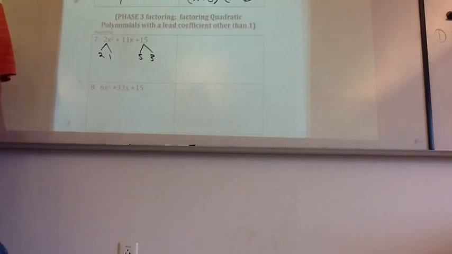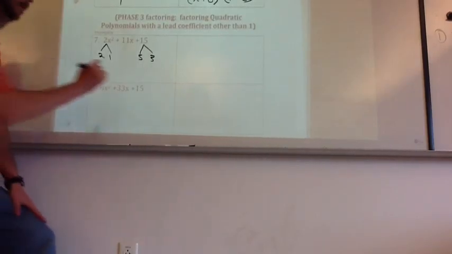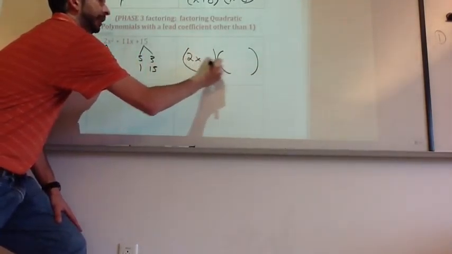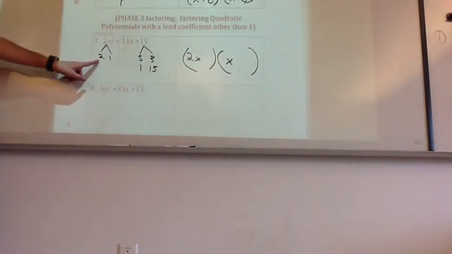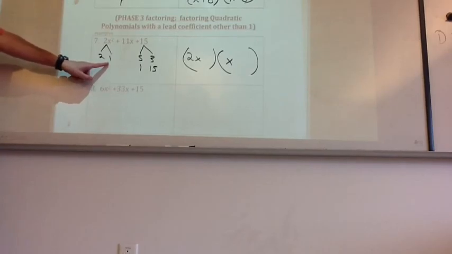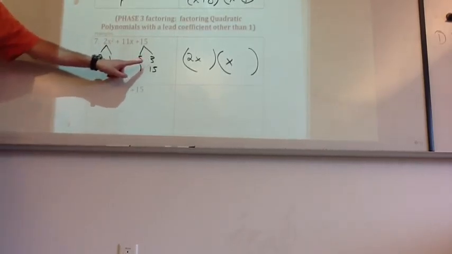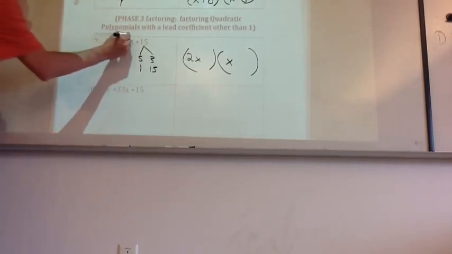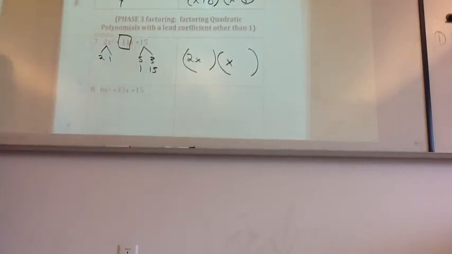What else? 1 and 15. I know there is some combination where I have 2x in my first parentheses, x in my second set of parentheses, and some combination of this 5 and 3, or this 1 and this 15, which would give me that desired value of 11 down the middle.